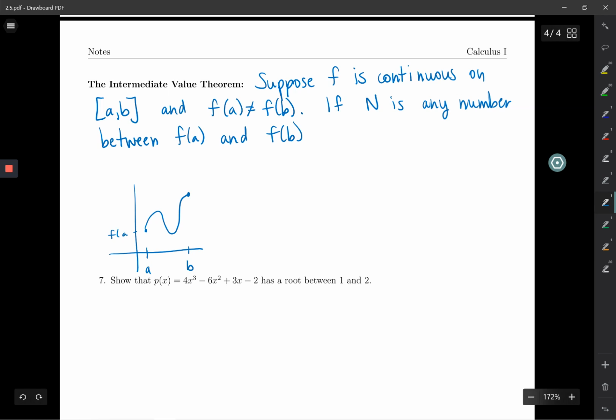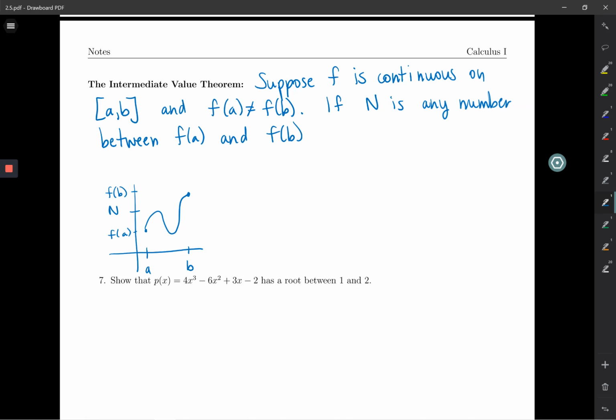Here is f of a, here is f of b, right? Now, I am assuming that f of a is less than f of b. That's not necessarily the case, so I'll probably just draw a corresponding picture for the other case. But so now we're assuming that we have a number n that falls between f of a and f of b. So this is on the y-axis, right?